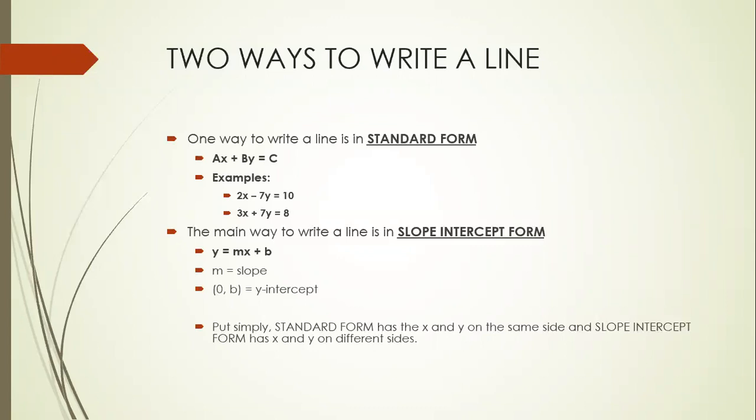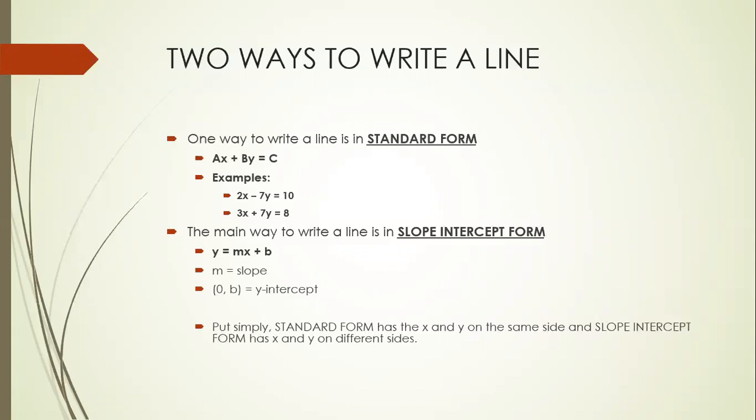So you've seen it before. m is slope, because m stands for mountain. Mountains have slopes. m equals slope. And b is your y-intercept. That is the main way that we write a line.